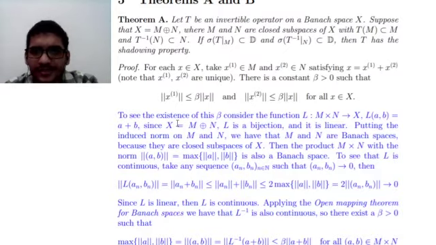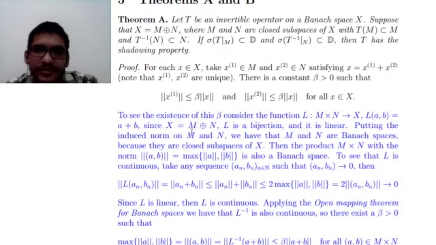To see the existence of this beta, consider the function L from this space M times N to X, defined by L(a, b) equal to a plus b.